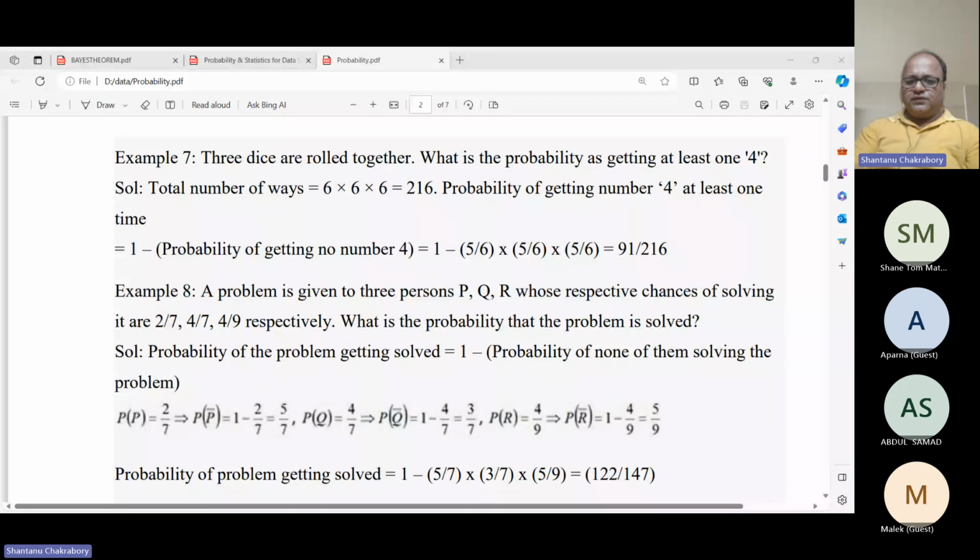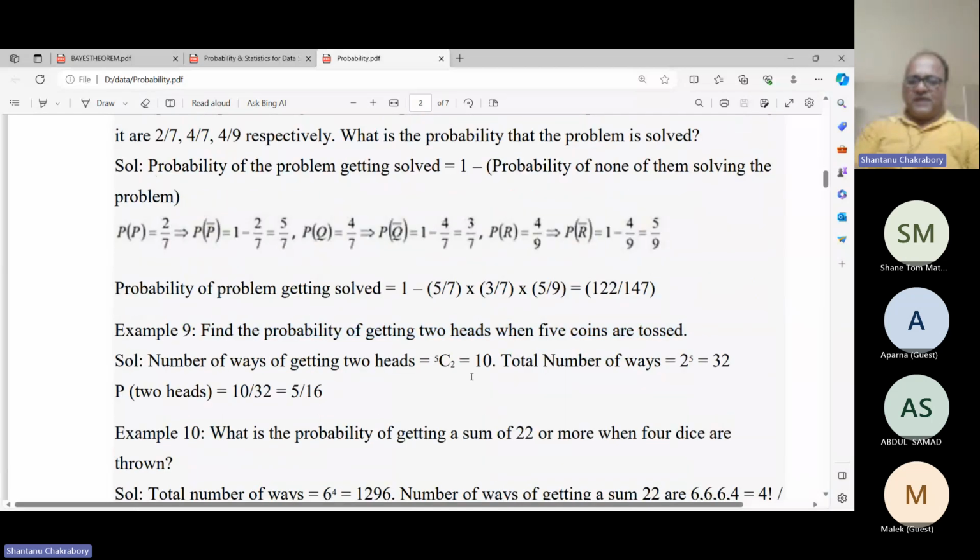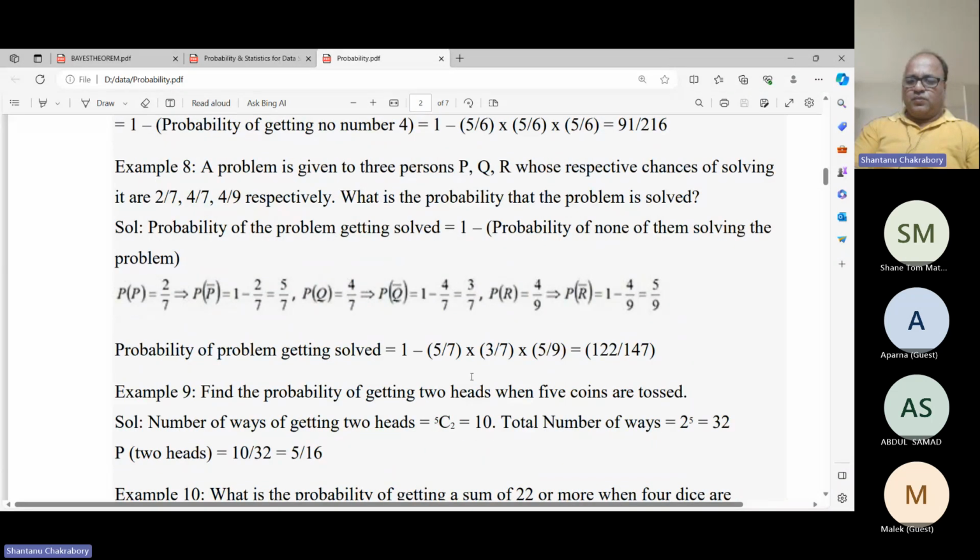We are not tossing one or two, we are tossing 5 coins. And what is the probability that we get 2 heads when 5 coins are tossed together? It's very simple. When we toss 5 coins, we'll be getting 5C2. We use the formula and 2 to the power 5 is 32. That is 10 by 32.